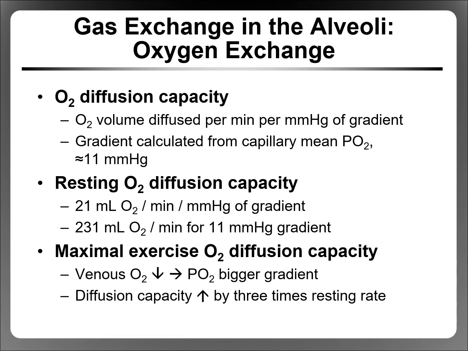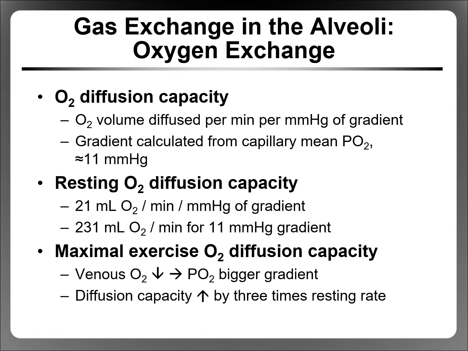So our oxygen diffusion capacity, we know the oxygen volume diffused per minute per millimeter of mercury of that gradient. And we know the gradient can be calculated from the capillary mean PO2, which will give us around 11 millimeters of mercury.